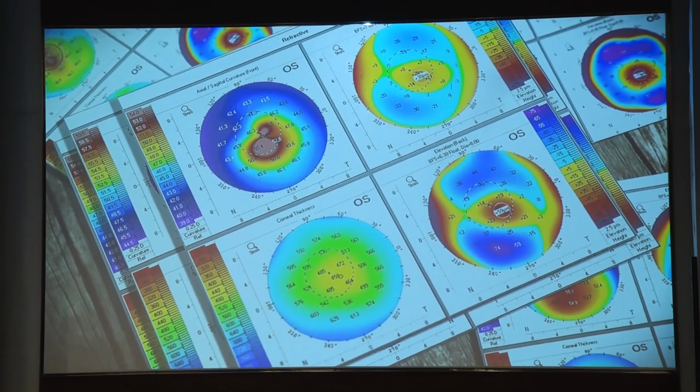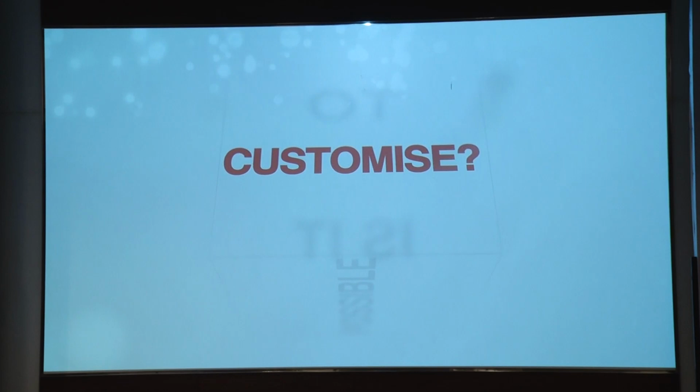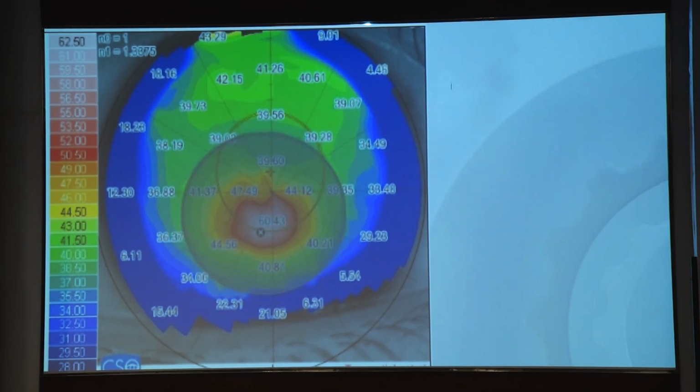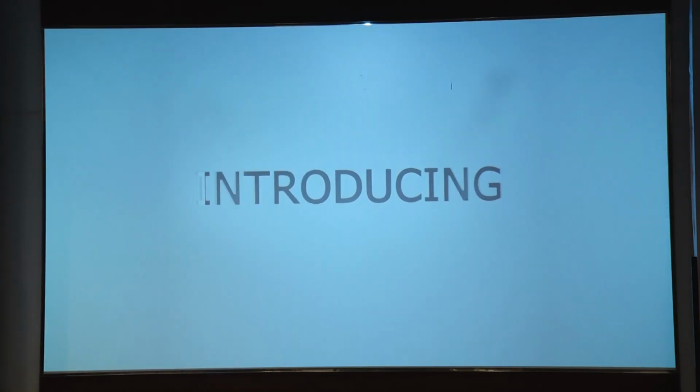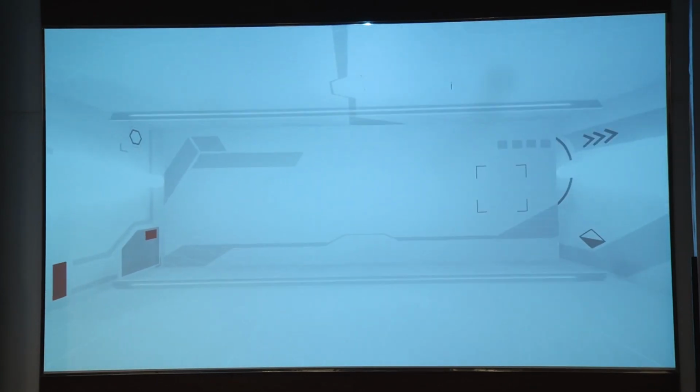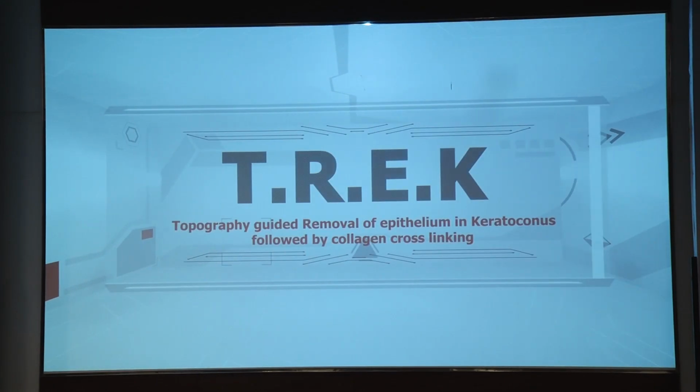So our research question was, is there any way we can achieve visual outcomes comparable to topo-guided PRK? Is there any way to localize and decenter the zone of ablation? Well, now there is. Introducing TREC. TREC stands for Topography-Guided Removal of Epithelium in Keratoconus followed by collagen cross-linking.